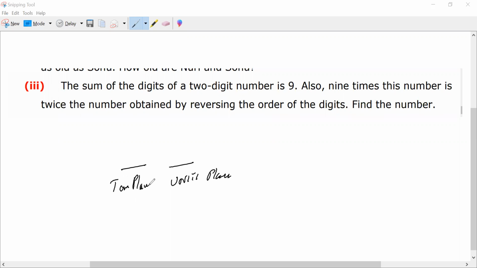So the sum of the digits: the first one I'm taking as X, and the second one, in the units place, I'm taking as Y. Sum of the digits in the sense what? Digits are X and Y. Suppose if it is 44 here, it will be 4 plus 4. Or 45, 4 plus 5. That is sum of digits meaning. So sum of digits of 2-digit number is 9, in the sense x plus y is equal to 9.